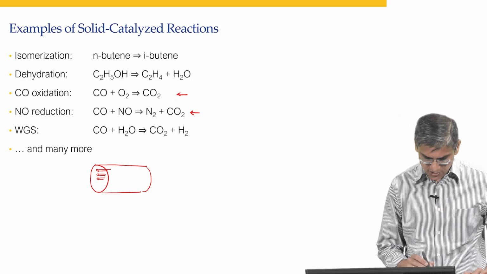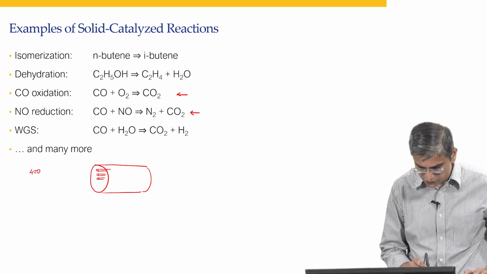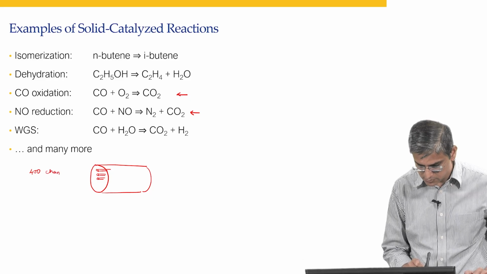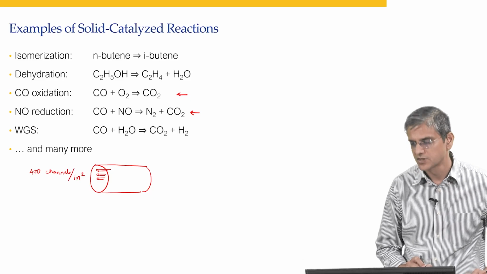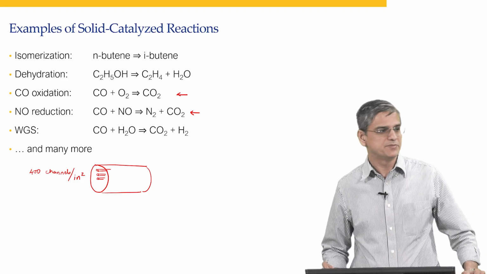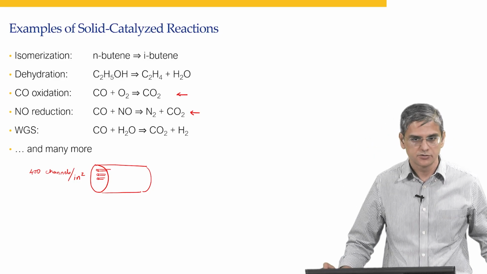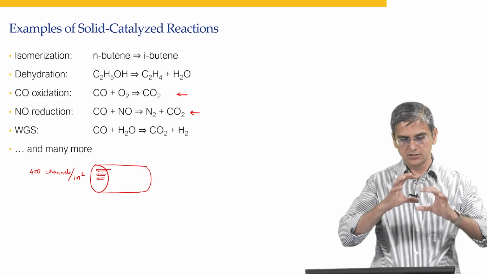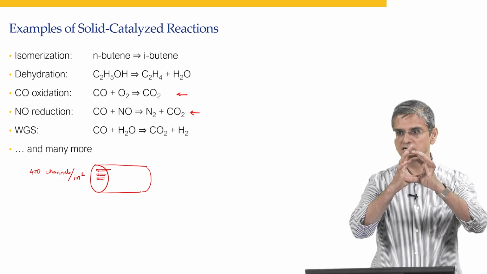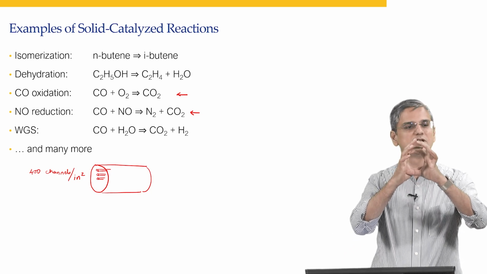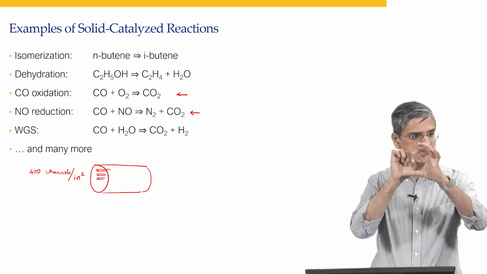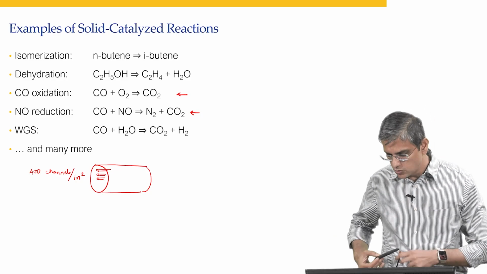The number of holes is as many as 400 channels per square inch. Sometimes there might be up to 900 channels per square inch. So, literally the monolith is this large, and this large monolith will have something like 1000 channels going through. How do those channels look?